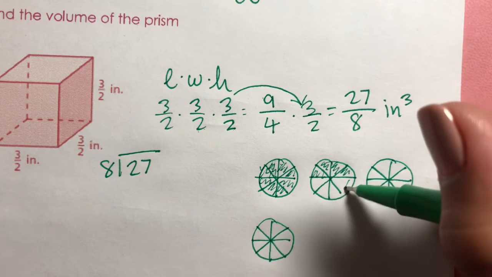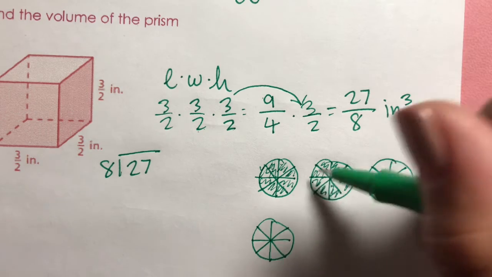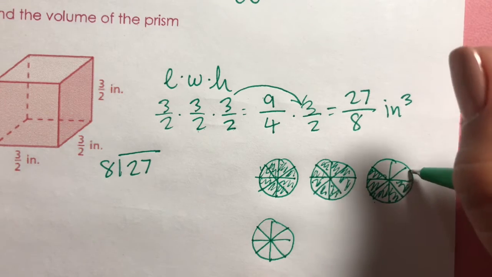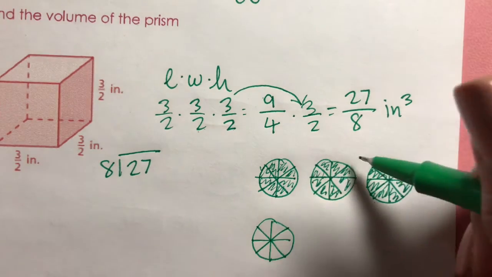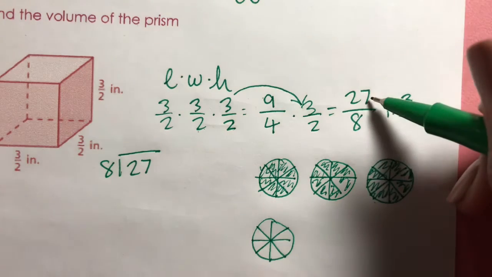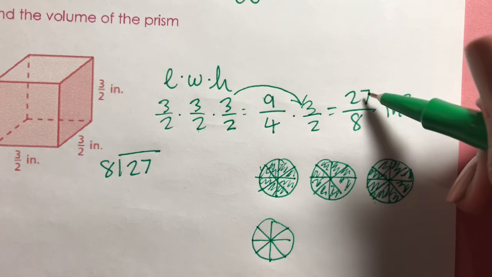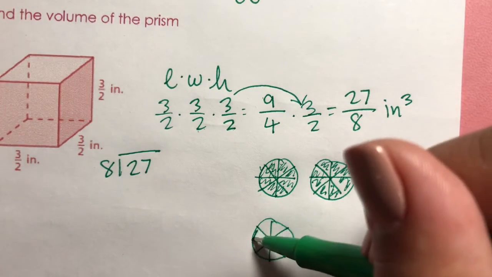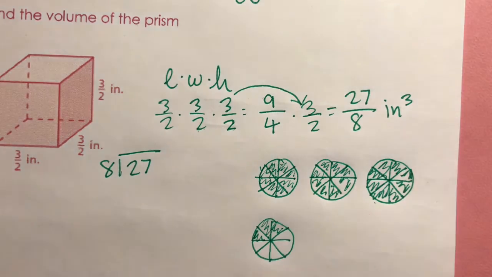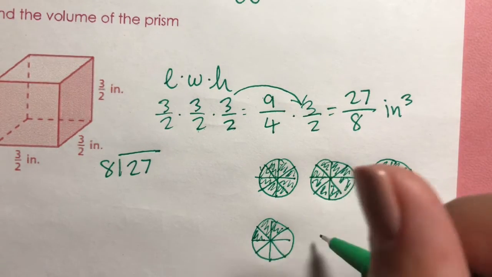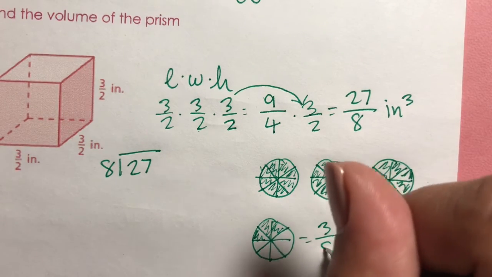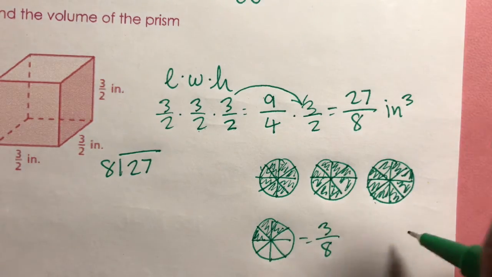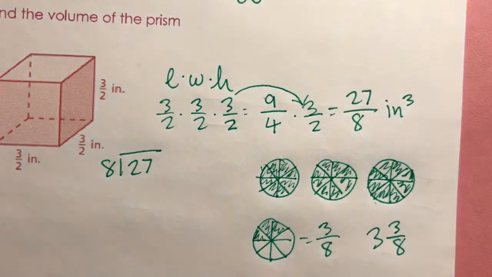This would be 16. And this would be 24. So we have 24 pieces already shaded in, but it's out of 27. So we still need to shade in 3 more. So this piece would be 3 out of 8 pieces shaded in. But how many wholes do we have? We have 3. So it is 3 and 3/8.